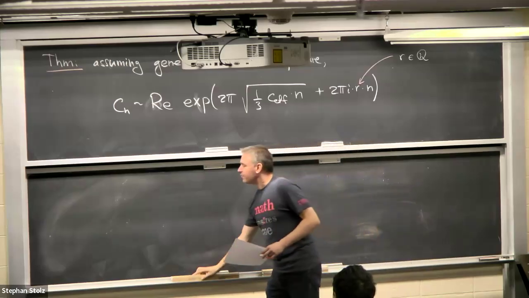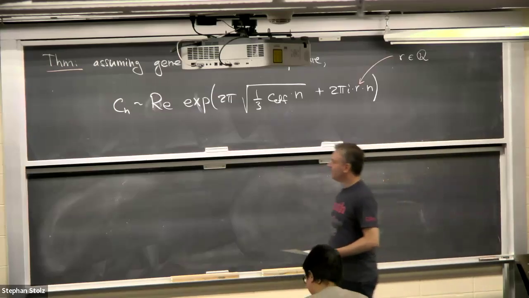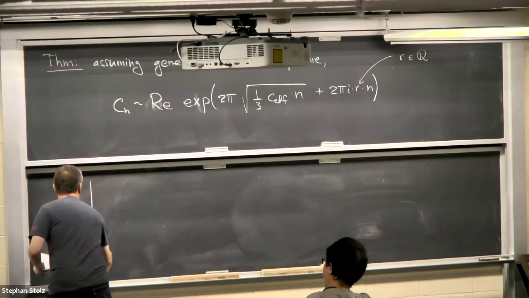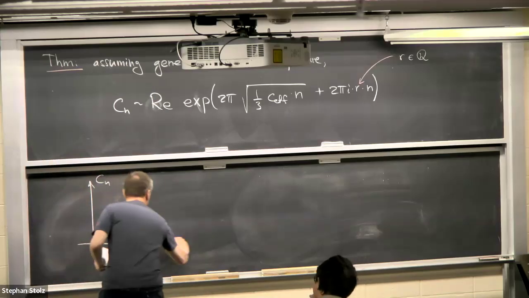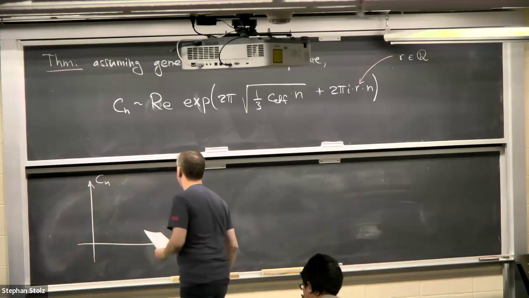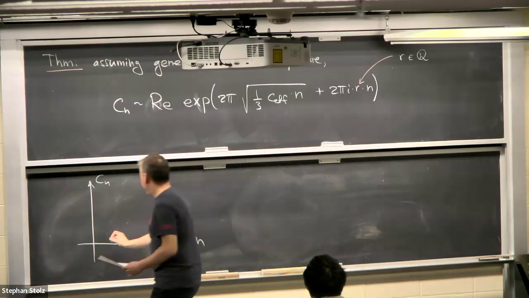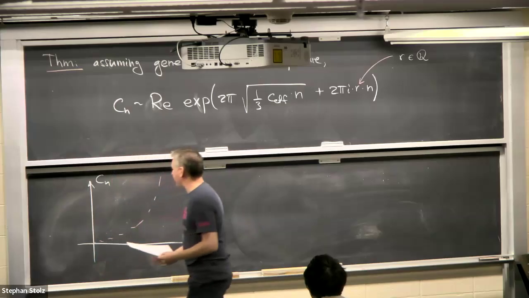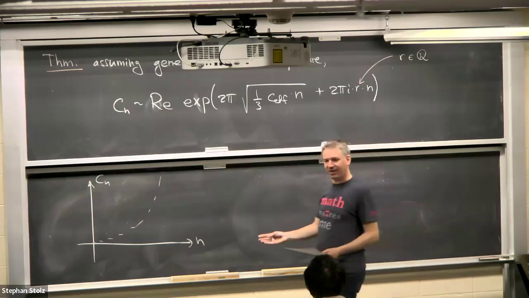So in particular, if you do this homework that I just raised, you're going to find the following. If I make a plot of this Cn versus n, the usual Cardy behavior would tell you that the growth is exponential of square root of n. So it's not polynomial, it's not exponential, it's very specific.